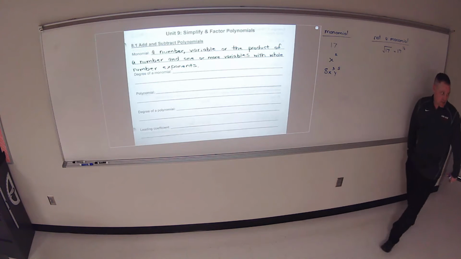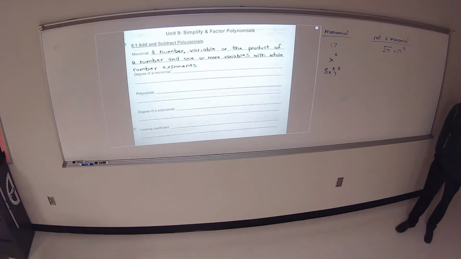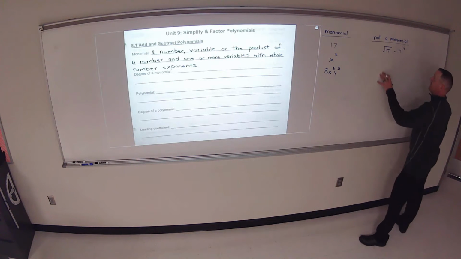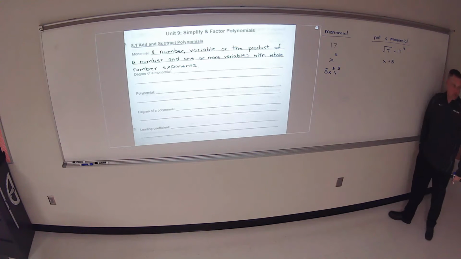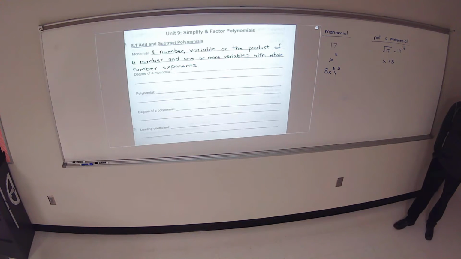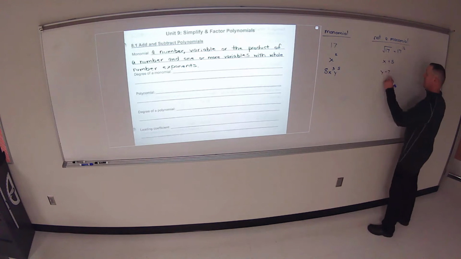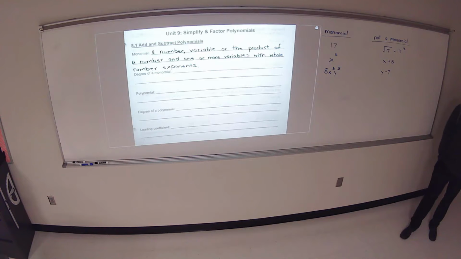That's an example of a monomial. Okay? Some examples that are not. x plus 5. Okay? The only operation that's allowed to be in this problem, as it says in the definition, is a product. This is a sum. y minus 7. Not a monomial.